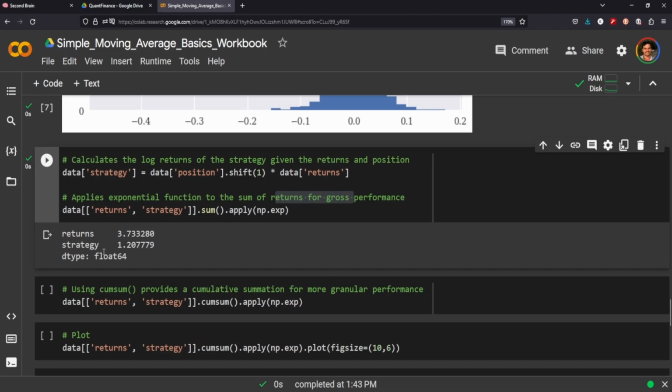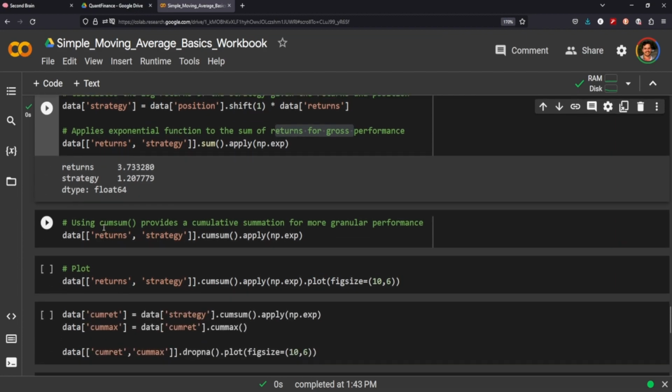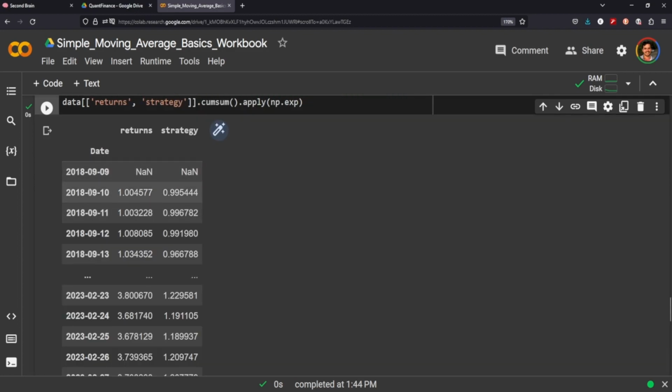This might not look like much, but the returns is 3.7 and the strategy is 1.2, so the returns are outpacing our strategy here. We can use the cumulative sum for more granular performance. By that I mean we can see each day the cumulative sum of the performance of our returns and strategy.